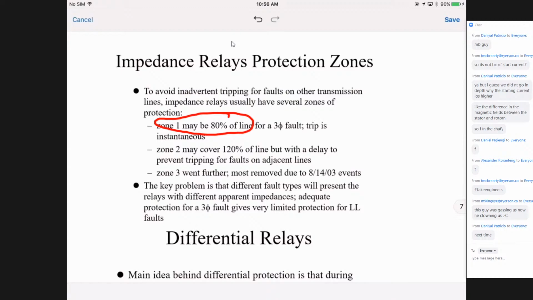When you join the hydro company, you have to ask the experienced people what their settings are. 80% is just a textbook reasonable suggestion. Don't try to argue with people if they use 75% for a particular reason.